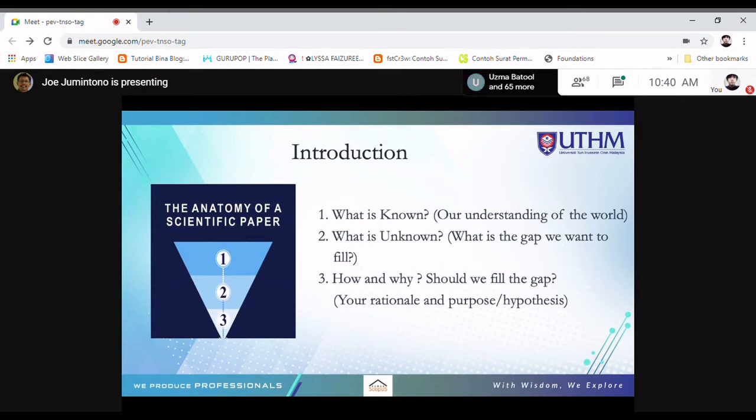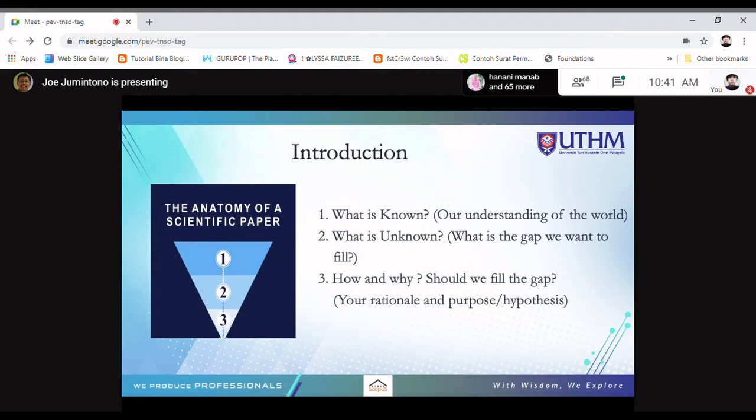How to fill the gap? How should I fill the gap? This research is very important, because the main aim of this research is to find out the model of educational leadership, so education institutions can increase very fast.